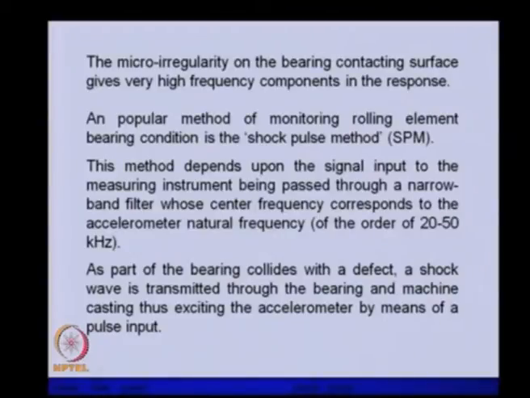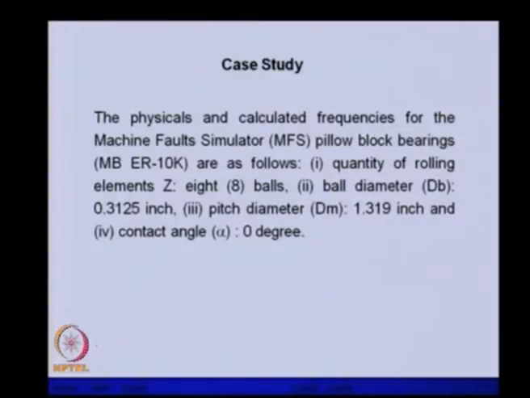So, basically, as a part of the bearing collides with the defect, a shock wave is transmitted through the bearing and the machine casing, thus exciting the accelerometer by means of a pulse input, and because the frequency is close to the accelerometer natural frequency, we will get a very high amplitude of vibration. So, this is one case study for the bearing.